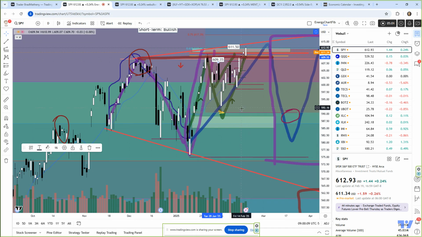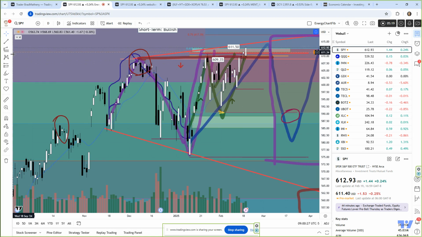But if we were to have a rollover here, looking at these most recent support levels, I mean, we have to go all the way back down to here. I'm just getting rid of these little intermediate lines.